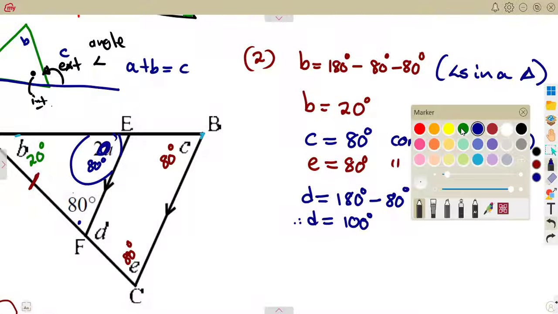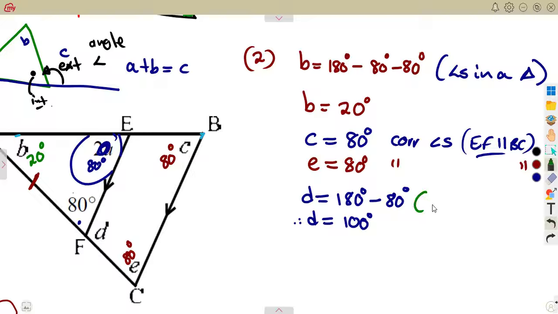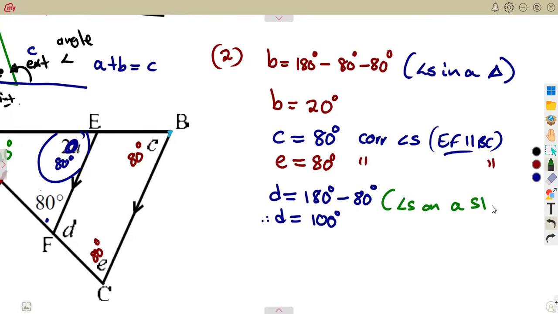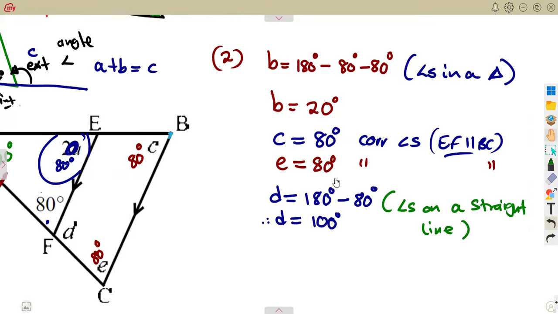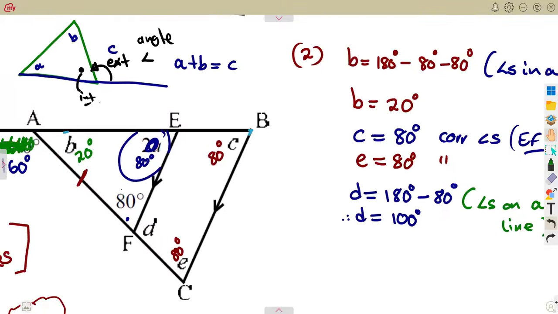So the reason for this D, we are simply talking about angles on a straight line. Remember that angles on a straight line add up to 180 degrees. So that means we have got our angle D being 100 degrees.